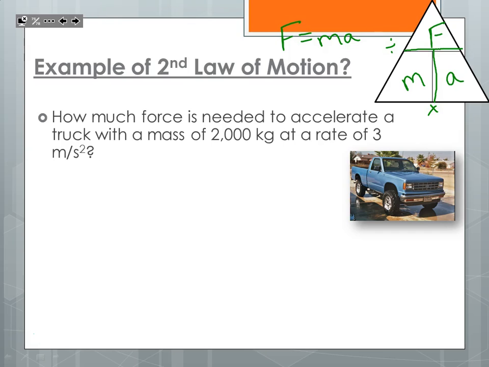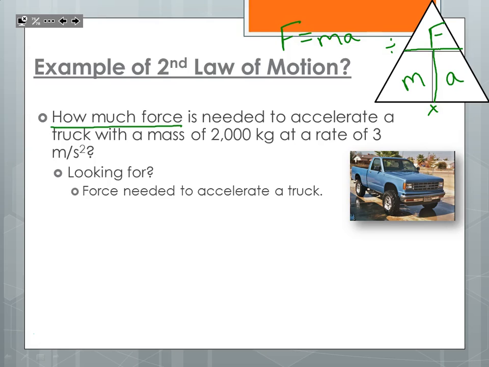The first question I always ask myself in a word problem, and this is not just for science but for math and any word problem, is: what are we looking for? What is the question asking us to solve? In this one, the very beginning says how much force is needed. So it's force that we want to find. To find force, I need to know what is given in the word problem.